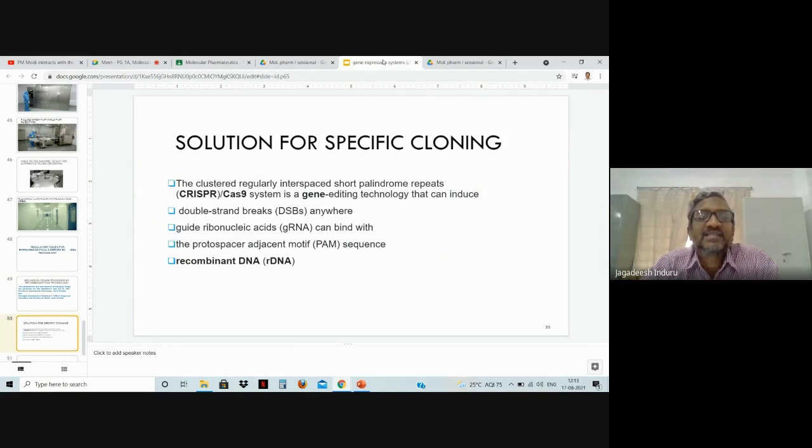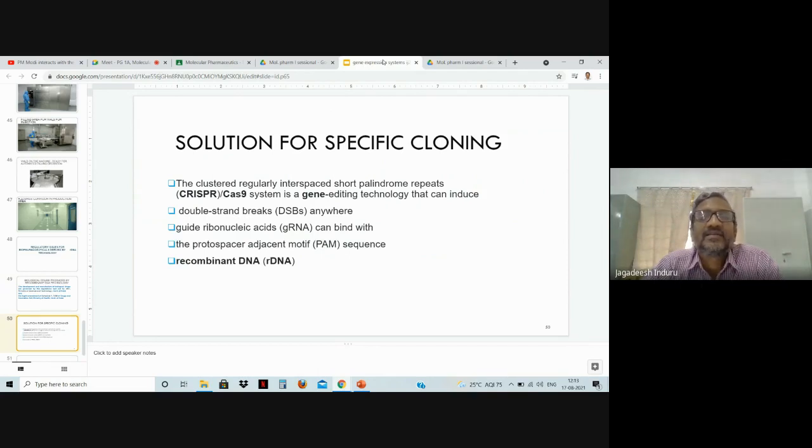Most of the time this is the solution for avoiding contamination, because even a simple contamination at one nucleic acid will cause a different protein to be synthesized and yield a product which is not going to meet our needs.